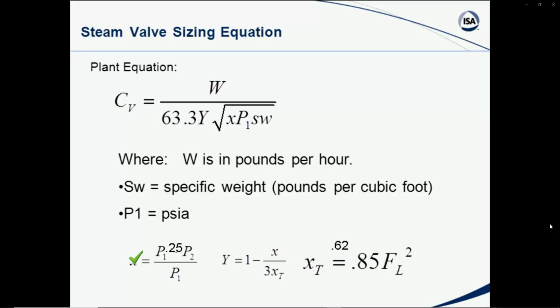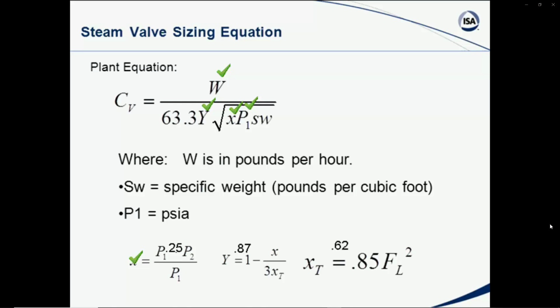Then if we plug those two quantities, X and X sub T, into our Y equation, we will get a Y of 0.87. Then we can come up to the equation above and plug in our 30,000, our 40, our X of 0.25 and our Y of 0.87.